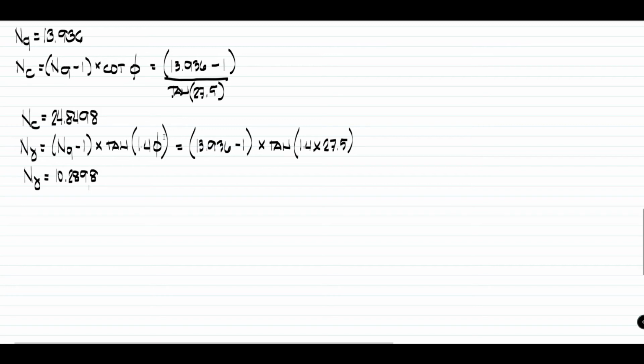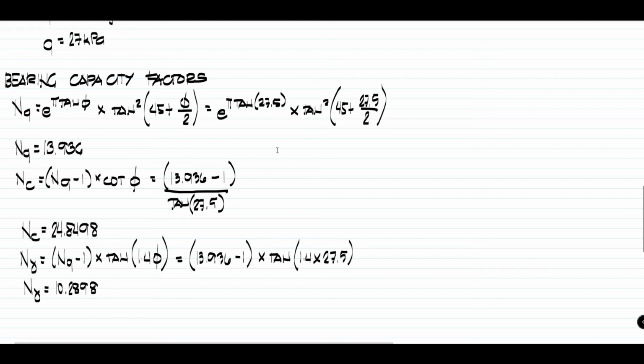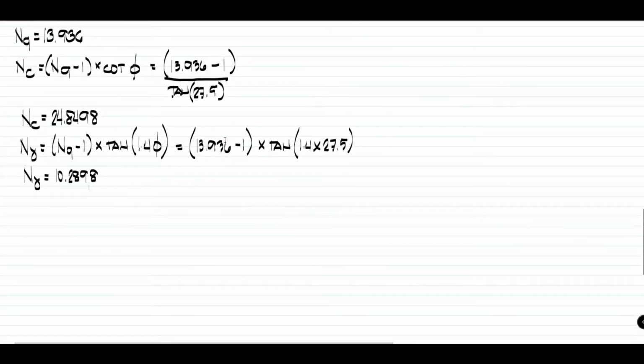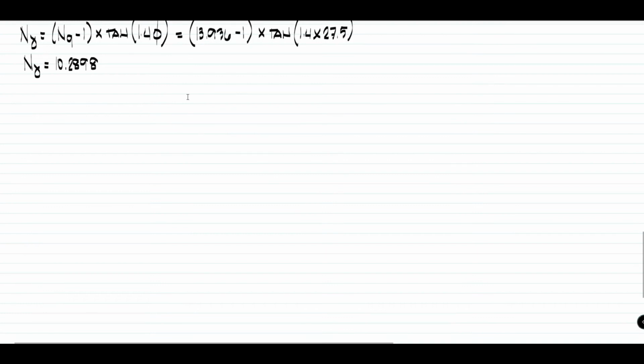So, after determining the bearing capacity factors, since natapos na natin yung bearing capacity factors, we now proceed with the shape factors and the depth factors. But before that, syempre, para ma-determine yung shape and depth factors, kailangan kasi natin yung passive earth coefficient. So, for the passive earth coefficient, so we have here Kp, which is equivalent to 1 plus sine of phi over 1 minus sine of phi.